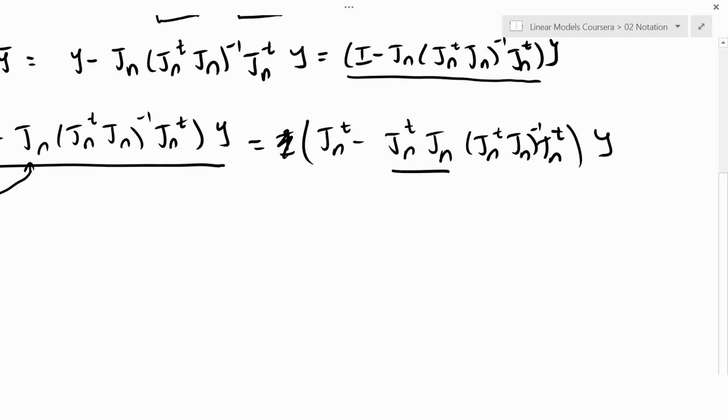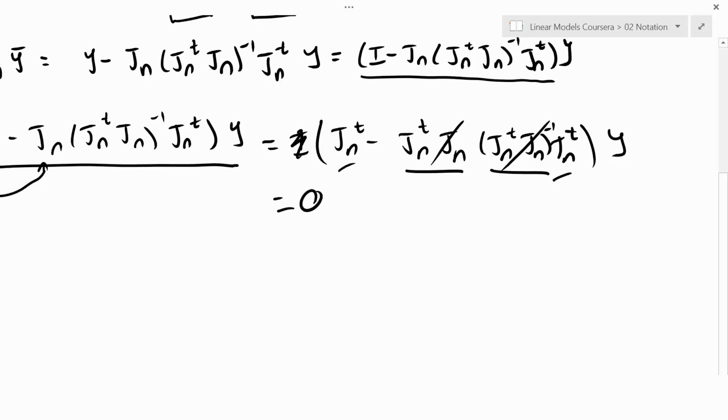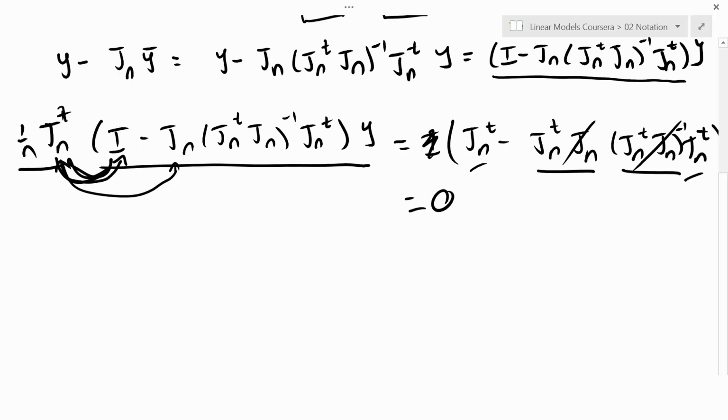So this is just the inverse of that, so those go away. And then we have a J_n transpose minus a J_n transpose, which is 0. So what I hope you've seen is that pre-multiplication of any vector by I minus J_n (J_n transpose J_n) inverse J_n transpose will mean center it.